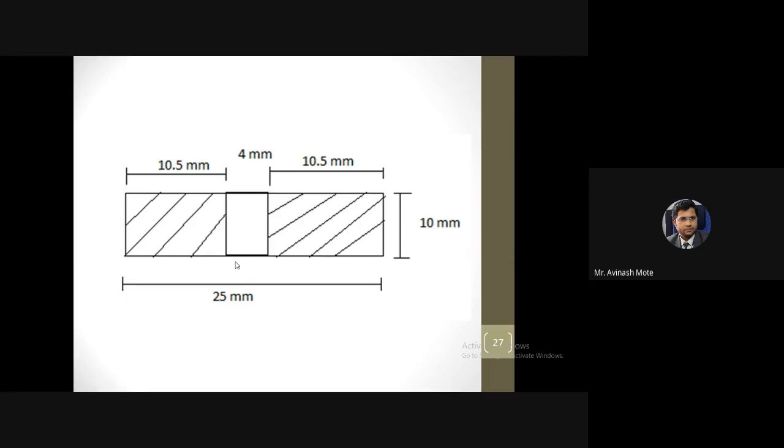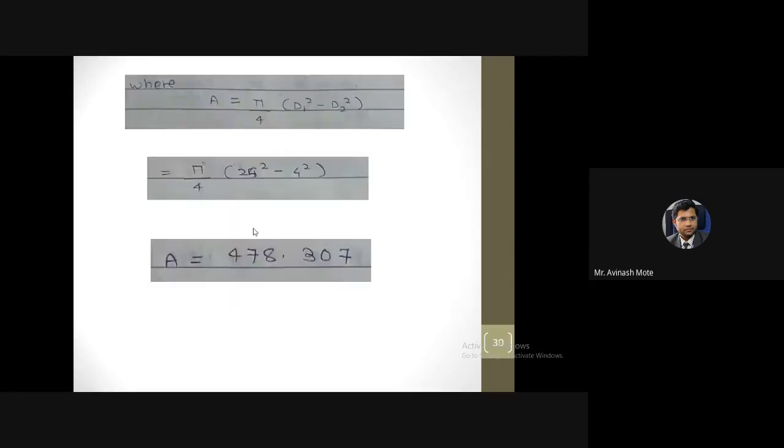But I have to reduce the area of the hollow section. So I'll take total area of the bush minus total area of this hollow section. Okay, so here it is.